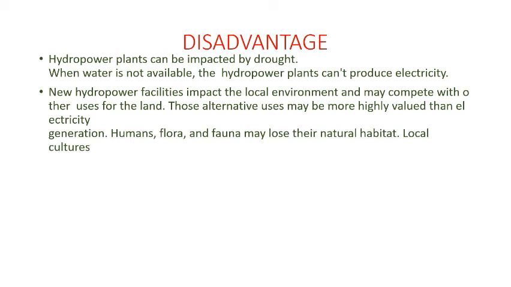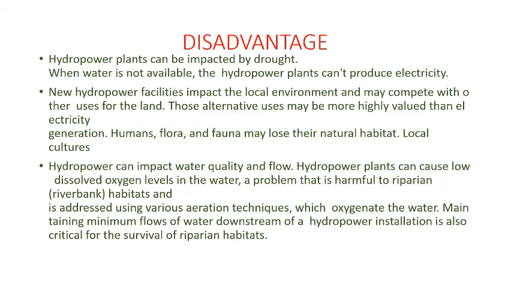That also is hampered by hydropower plants. Human, flora and fauna may lose their natural habitat. Means they have to change their habitat when we build such a dam, or the local culture.